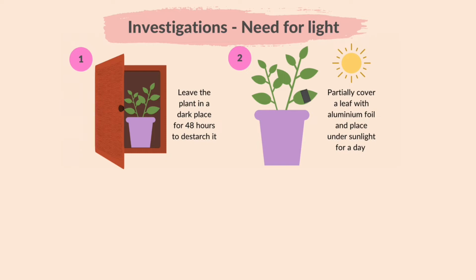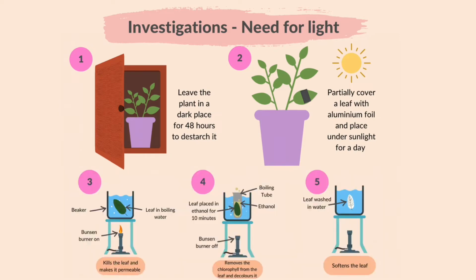The leaf can then be removed and tested for starch. However, we must first do steps 3 to 5 like in the previous experiment and prepare the leaf before the iodine test. These steps are carried out to make the leaf permeable, to remove the chlorophyll from the leaf, and to soften it.